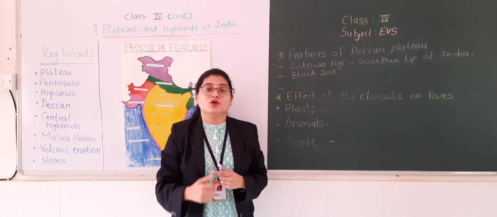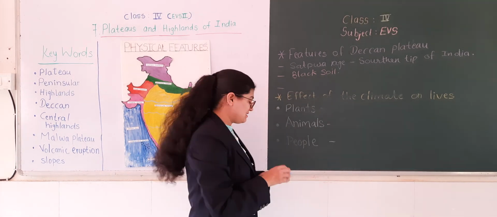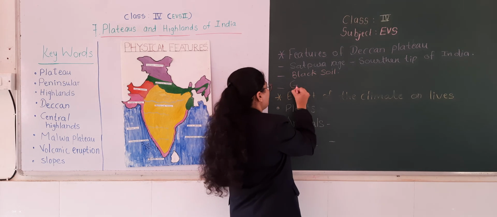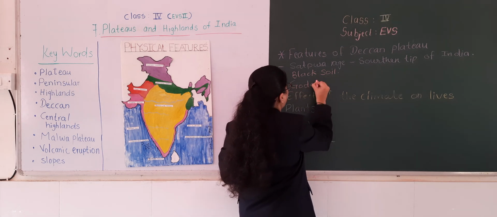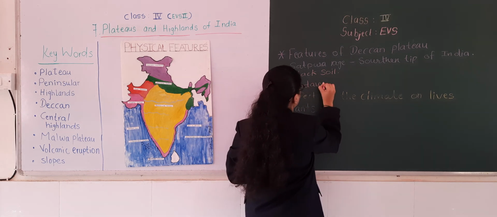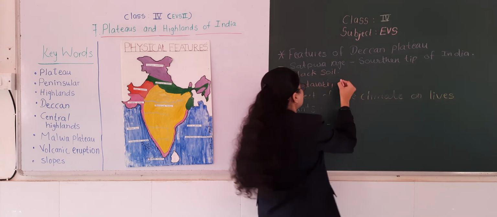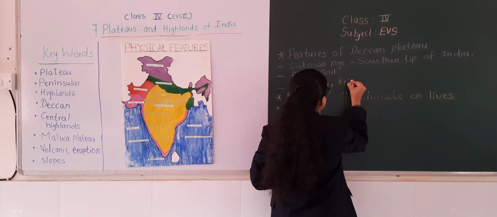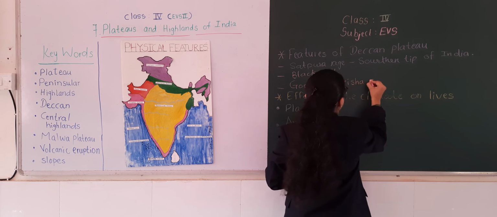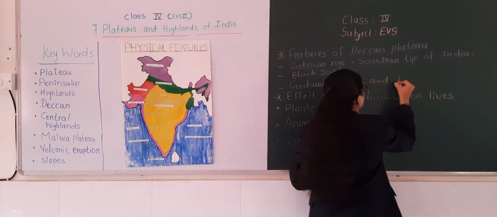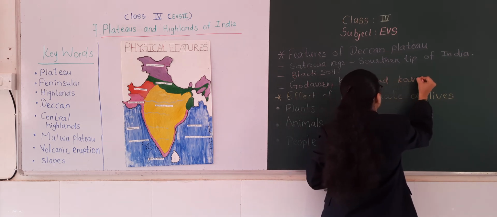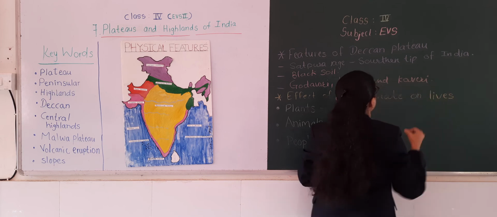Okay, which rivers flow through this region? Yes, Godavari, then Krishna and Kaveri. These are the main rivers.